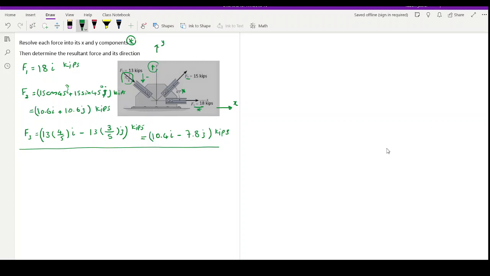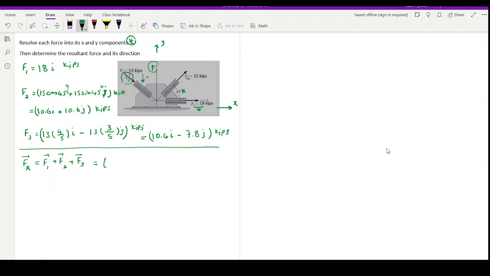Now that I have this, I can calculate FR, which is the resultant force, and it's equal to F1 plus F2 plus F3. Because I have F1, F2, F3 in Cartesian format, by adding them to each other, I will determine first FR in Cartesian, and from there I can calculate the magnitude of this force.